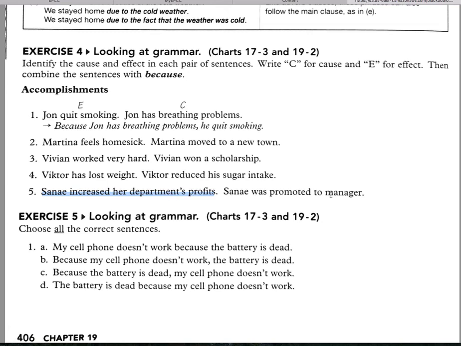She was promoted to manager. So, your two sentences. Because Sanae increased her department's profits, comma, she was promoted to manager. Or, Sanae was promoted to manager because she increased her department's profits. Okay.